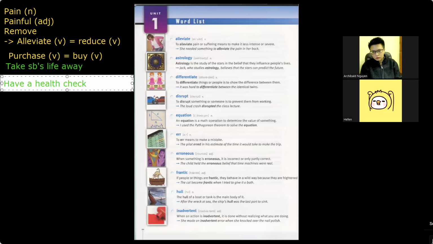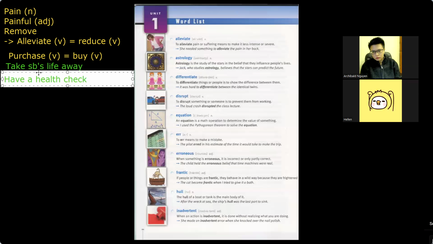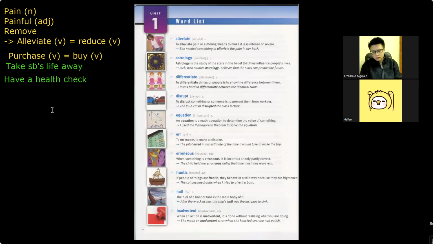It means you go to the hospital to check your health. An overall check about your health. So why don't you go to the hospital to have a health check, but purchase medicine at the pharmacy?